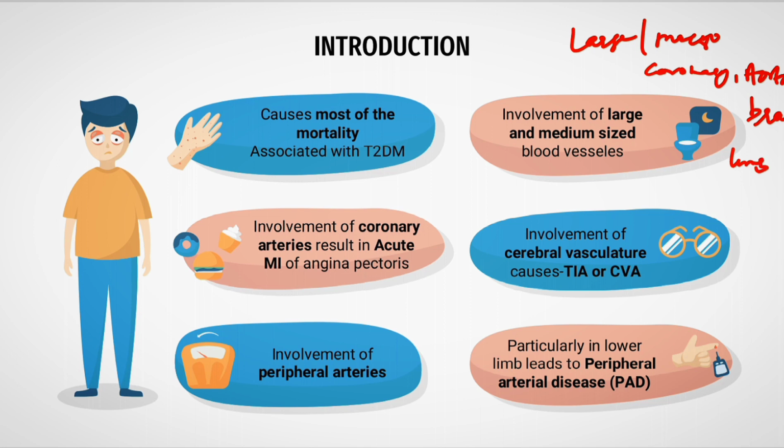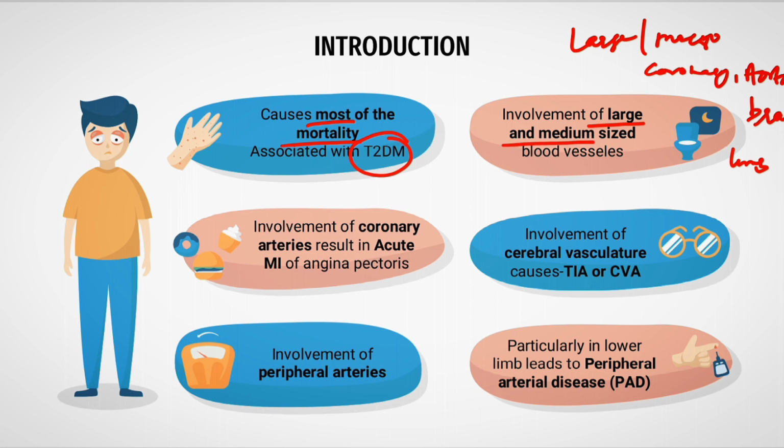And these macrovascular complications are the cause of most of the mortality associated with type 2 diabetes mellitus. As we have already discussed, in these macrovascular diseases there is involvement of large and medium sized blood vessels.